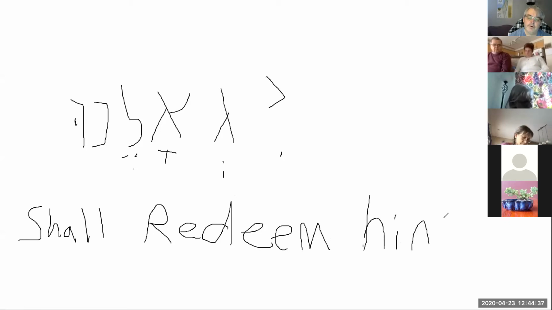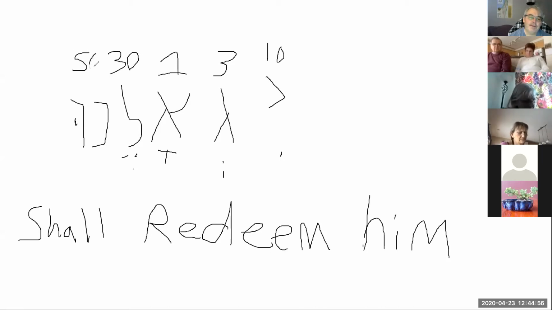You only need one word in the Hebrew for that phrase. And you get the 10 and the 3, and hopefully the numbers add up. If they don't, I go back to the drawing board. Figure I did something wrong in my notes, but it added up at the time.